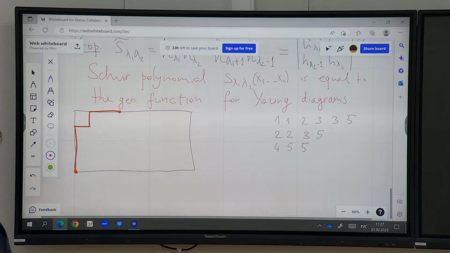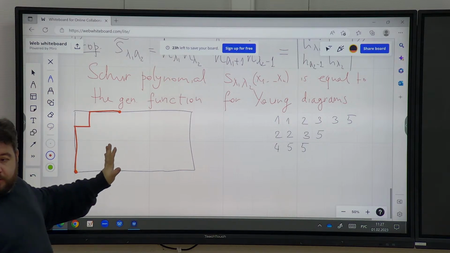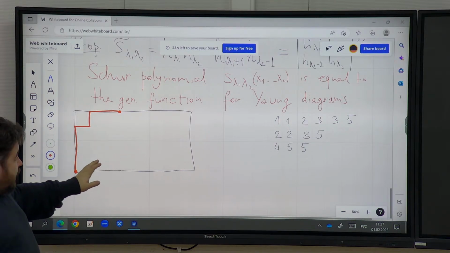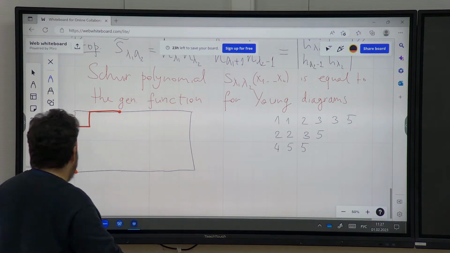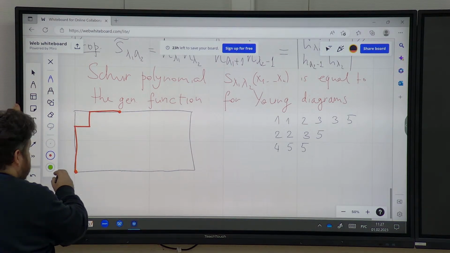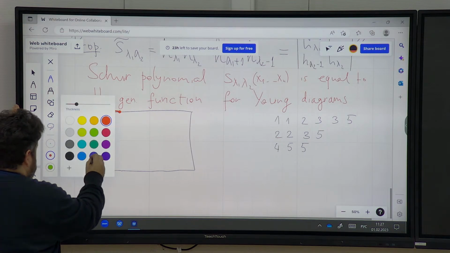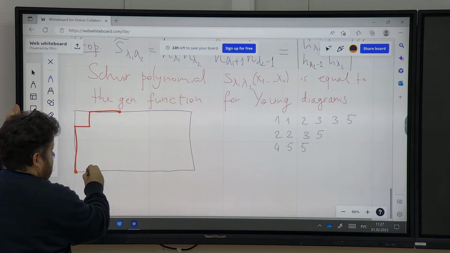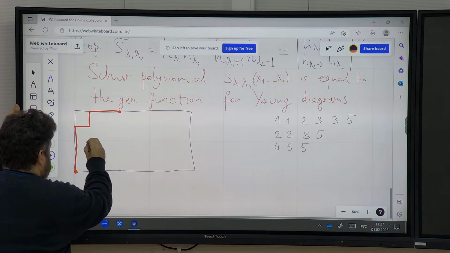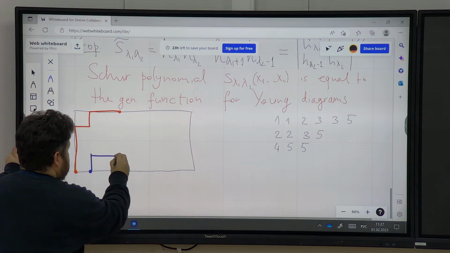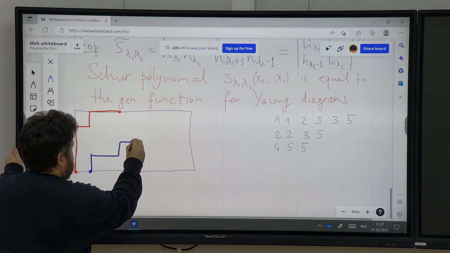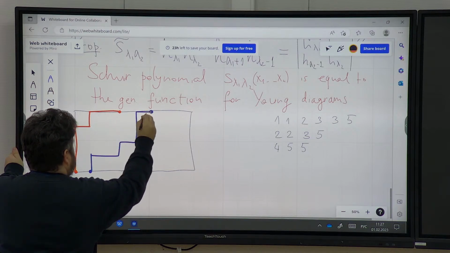The next path I'll shift by 1 to the right, and the third path, the topmost, I'll shift by 2. So this will be 2, 2, 3, 5.